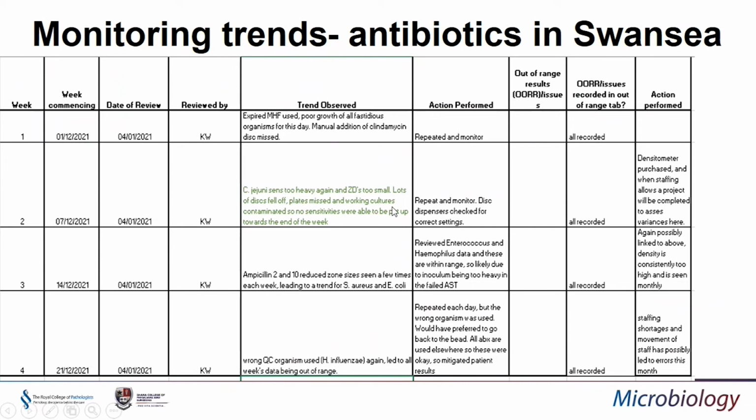So if we have any reduced zone sizes for particular bugs, or any issues, it could be manual addition of discs, or human error, what we need to do, and any action performed from that, for example if the wrong QC organism was used. It's a really good opportunity for us to look at weekly to determine if there's anything we need to put in place immediately to resolve any problems.